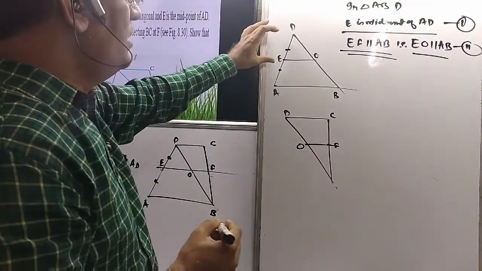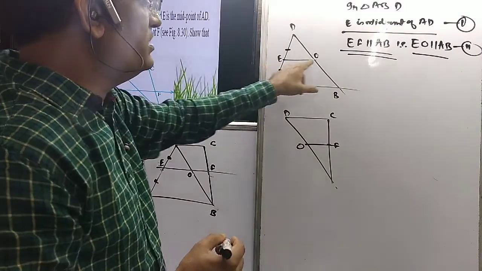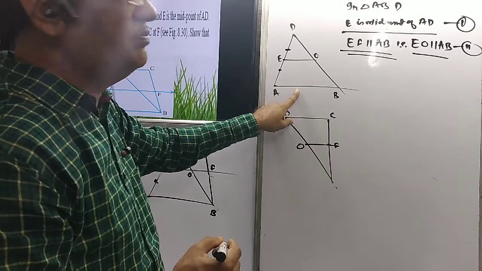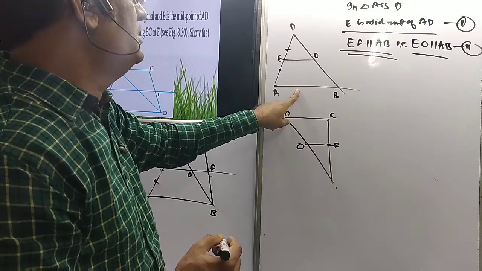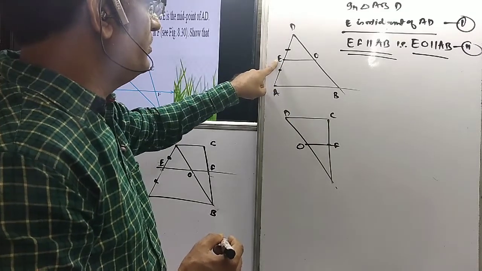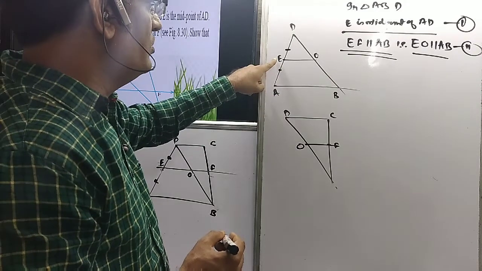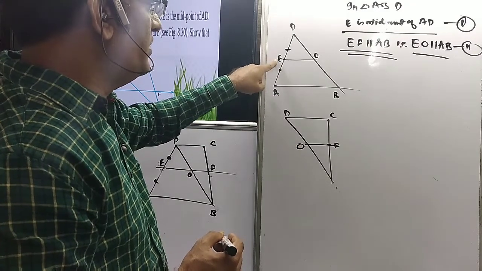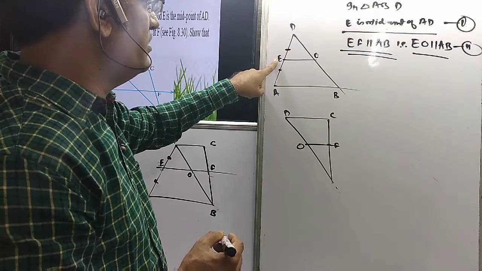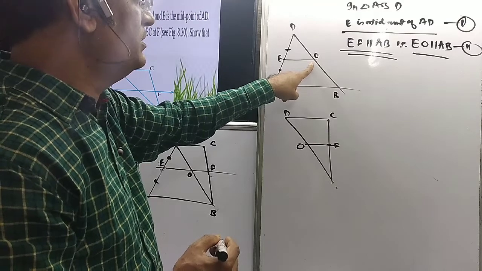So E is the midpoint of AD and EO is parallel to AB. The converse of the midpoint theorem says that if a line segment is drawn parallel to one side of a triangle and passes through the midpoint of another side, then it intersects the third side at its midpoint.